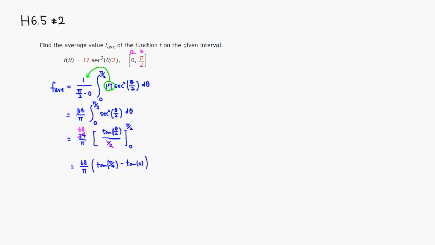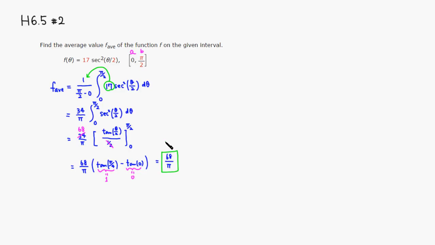Of course, tangent of 0 is 0 because sine of 0 is 0, which is in the numerator. And tangent of pi over 4 is actually 1. So therefore, the answer is going to be 68 over pi. So that is the average function value.